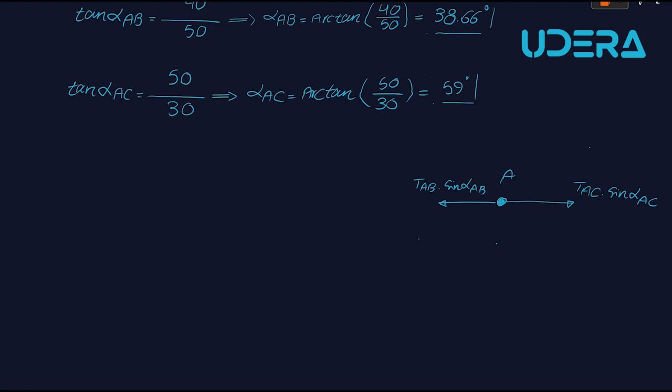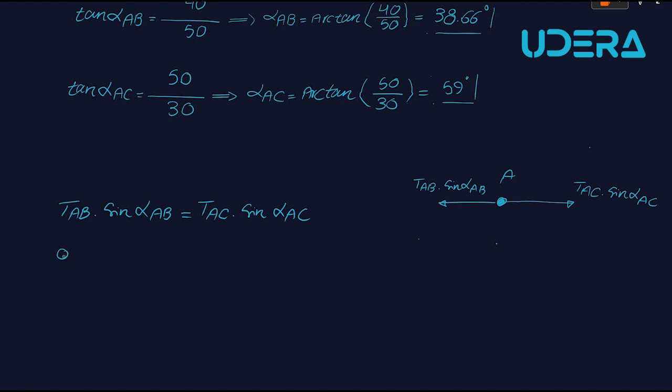These two forces must be equal to have the resultant vector equal to 0. So TAB times sine of alpha AB is equal to TAC times sine of alpha AC.